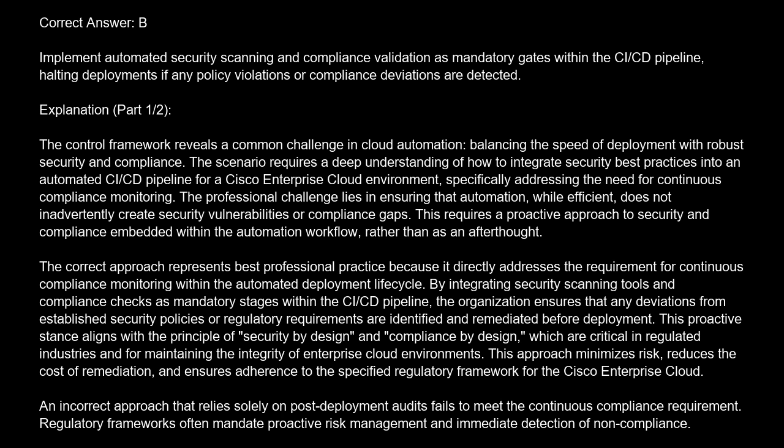The scenario requires a deep understanding of how to integrate security best practices into an automated CI/CD pipeline for a Cisco enterprise cloud environment, specifically addressing the need for continuous compliance monitoring. The professional challenge lies in ensuring that automation, while efficient, does not inadvertently create security vulnerabilities or compliance gaps.